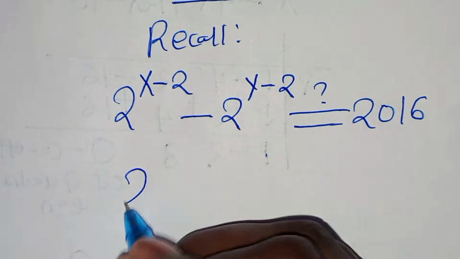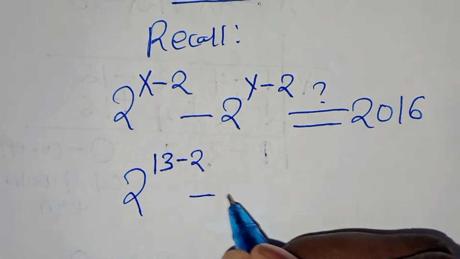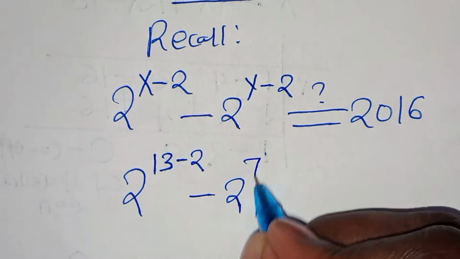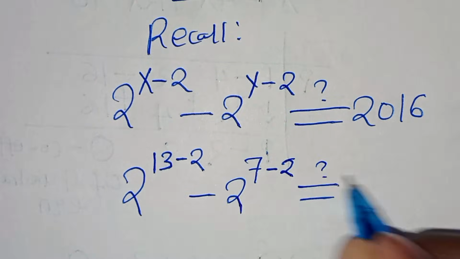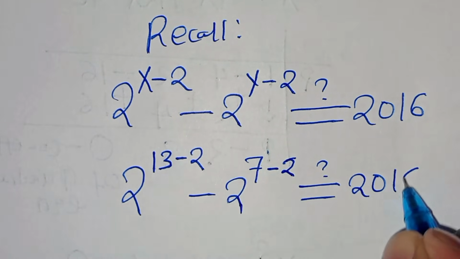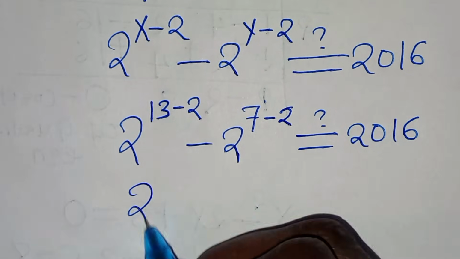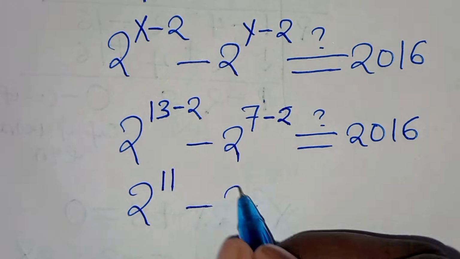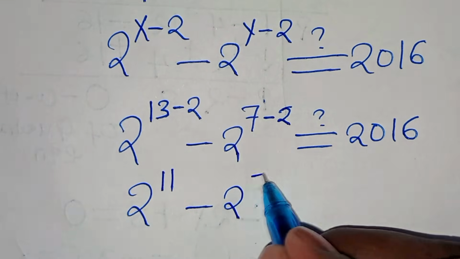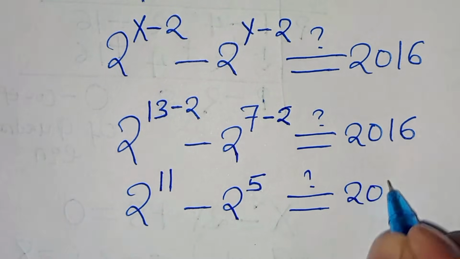So this is 2 to the power of 13 minus 2, minus 2 to the power of 7 minus 2. So this is 2 to the power of 11, minus 2 to the power of 5. This should give us a value of 2016.